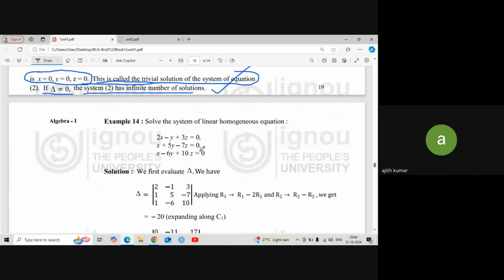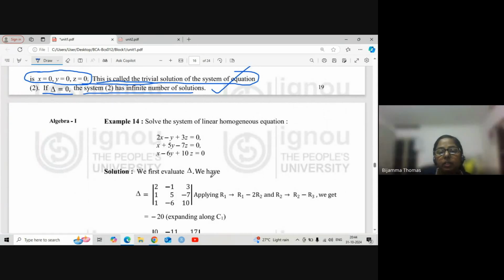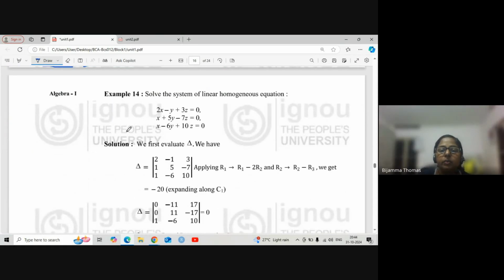Yes, ma'am. Okay, solve the system of linear equations. We have a homogeneous system of equations. We are given 3 equations in 3 unknowns, x, y, z, and the right hand side constants are zeros. When the right hand side constant is 0, this is a homogeneous system. Definitely this is a consistent system, so a solution will exist.